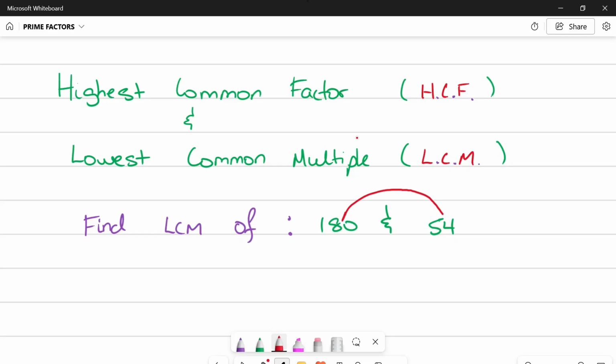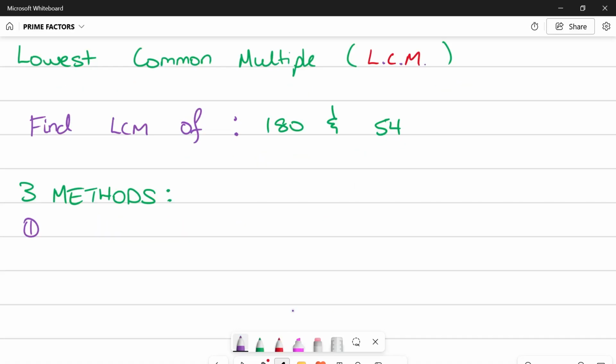The multiples, again, are just like the multiplication tables. The LCM of 180 and 54 will be the smallest multiple that both these numbers have in common.